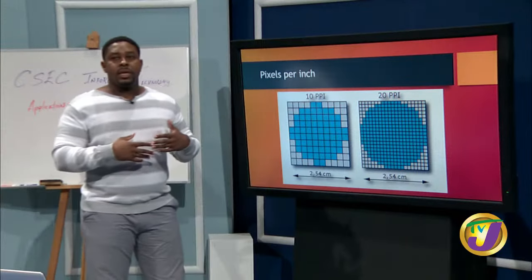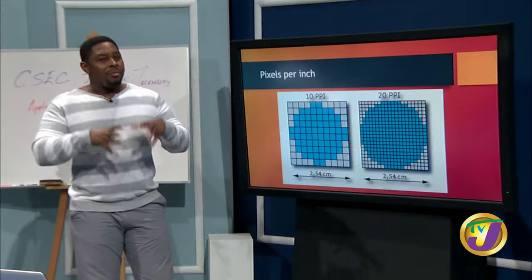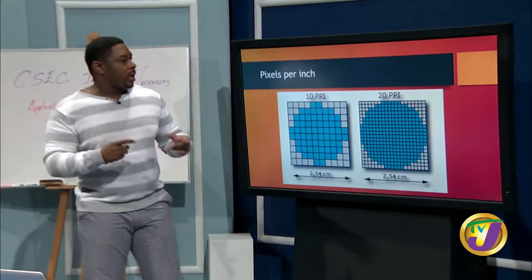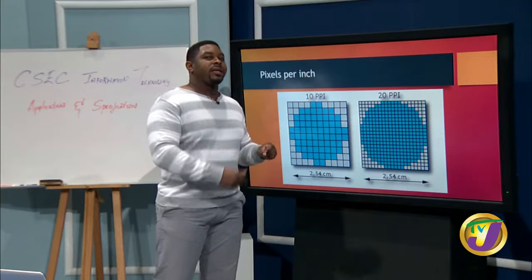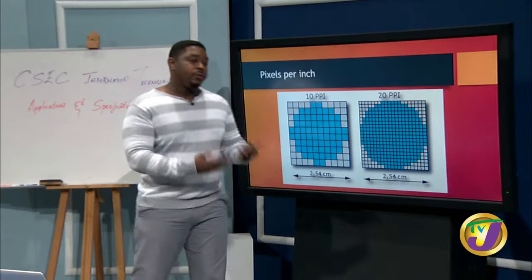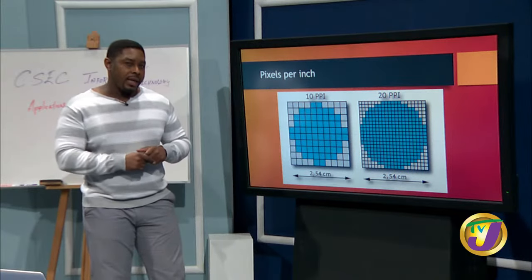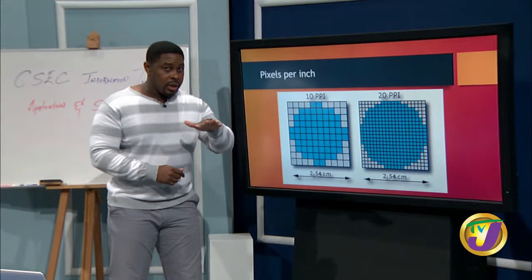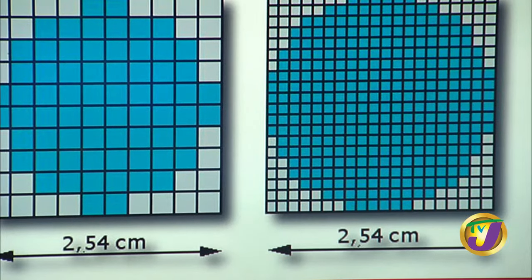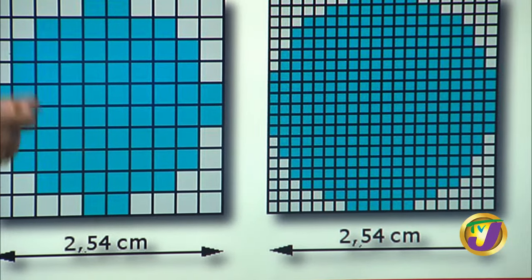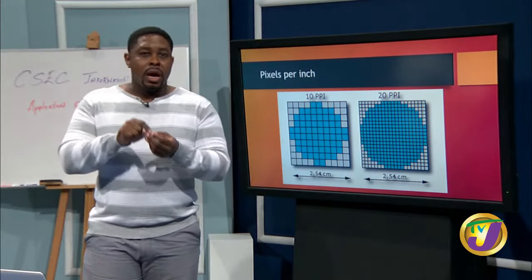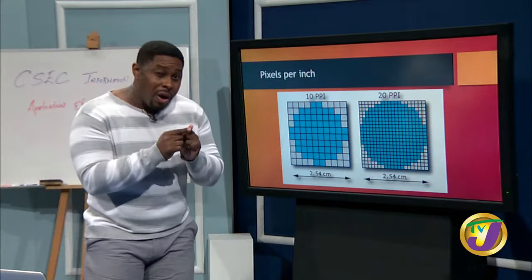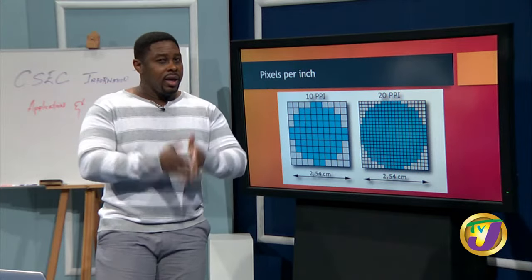And as you can see, the images are markedly different. The one on the left that has 10 pixels per inch is not as defined as the one on the right. So if we had 458 in an inch, that means the picture would be much more refined and, of course, much more detailed. That means we can place color differences at smaller intervals, thus making everything more refined.